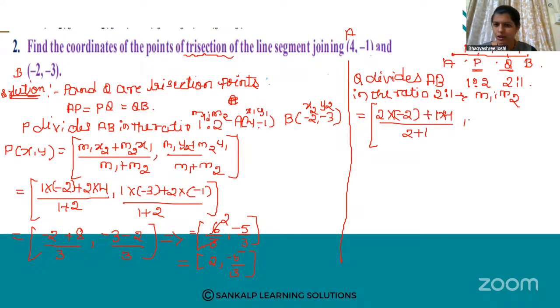Like that, 2 into y2 value is minus 3, plus 1 into y1 value is minus 1, divided by 2 plus 1.